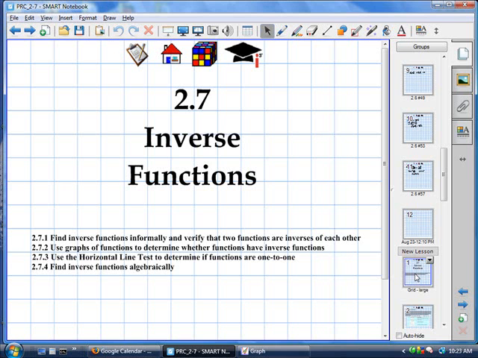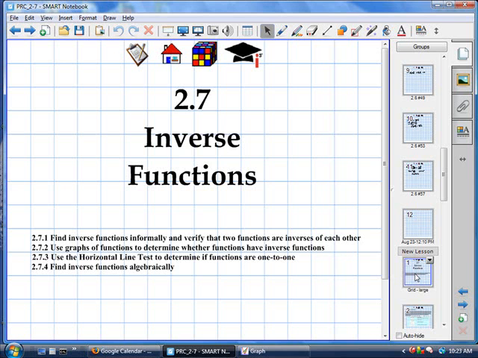All right, what are the objectives here? How do you find the inverse of a function? And how do you verify that they really are inverses of each other? We're going to go through that. How can you use graphs of functions to find out whether functions are inverses of each other?